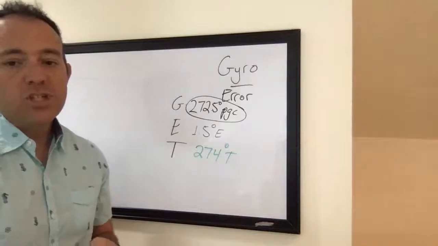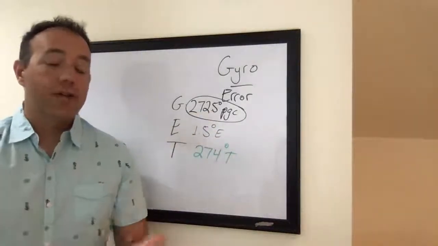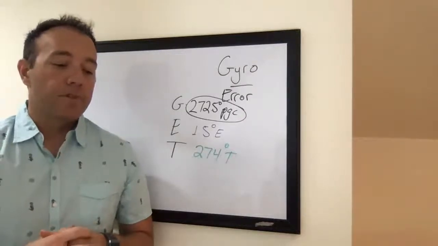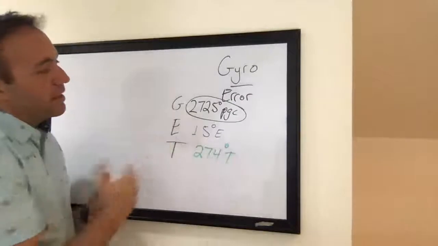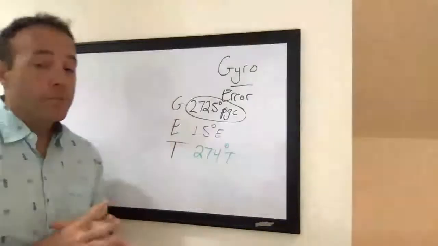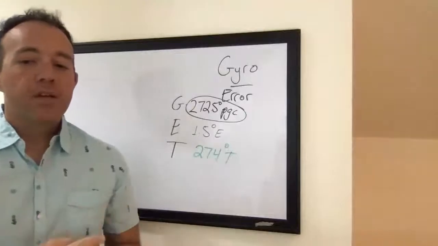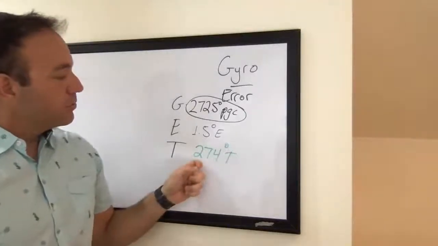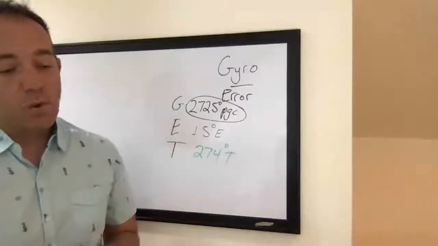272.5 degrees PGC. PGC stands for per gyro compass, per gyroscopic compass, is some of the lingo that you would see on your exam, right? So the gyro error problems, the thing to remember is GET, G-E-T, gyro plus easterly error equals true. So if you're given a true, you apply the easterly error to get to the gyro compass course there.